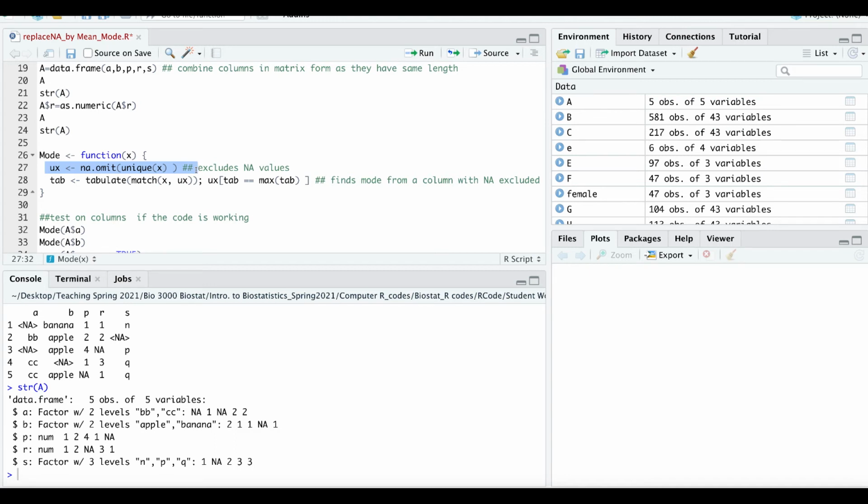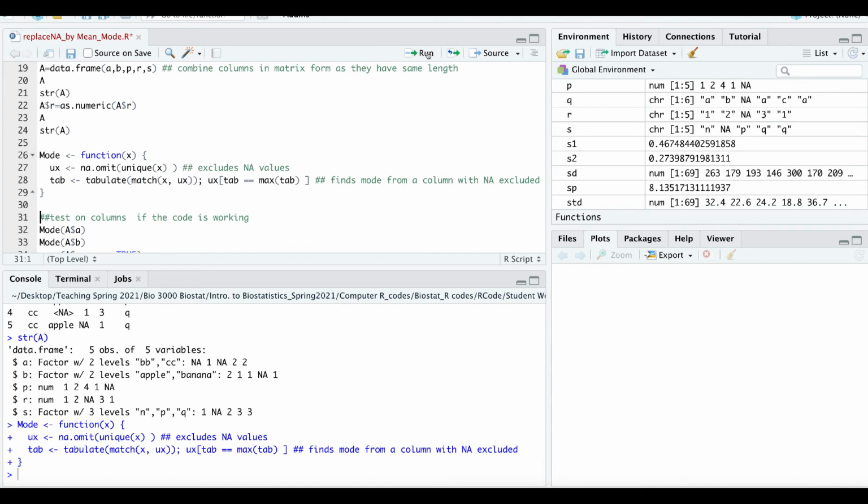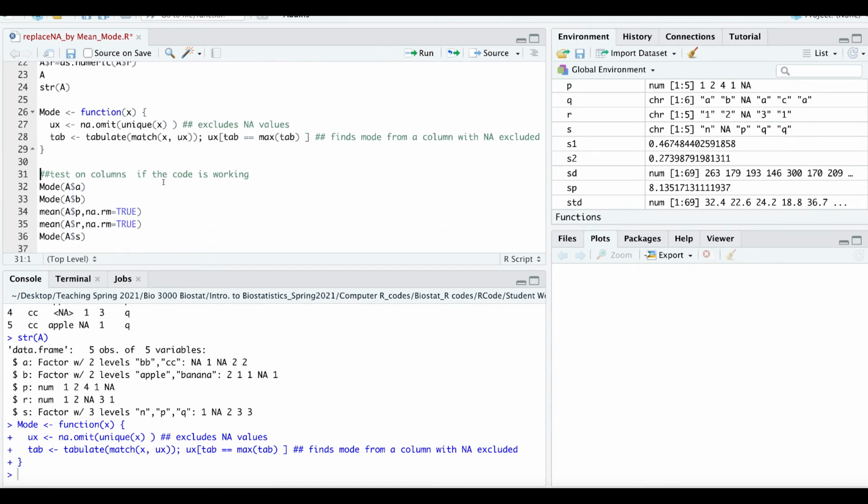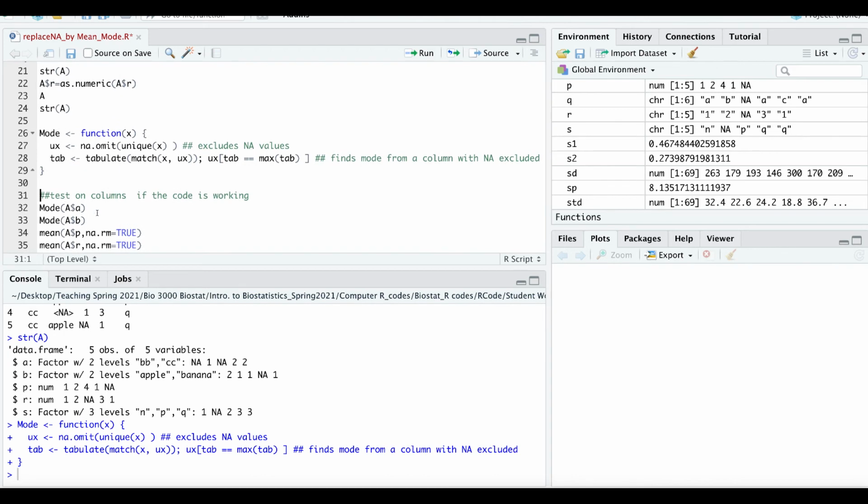So to remove that, it excludes NA values to find the mode, and then it picks the level that is repeated the maximum number of times, which is the mode, right? Because mode is the level that is repeated the maximum number of times. So let us run that, and I'm testing whether this mode code is working or not.